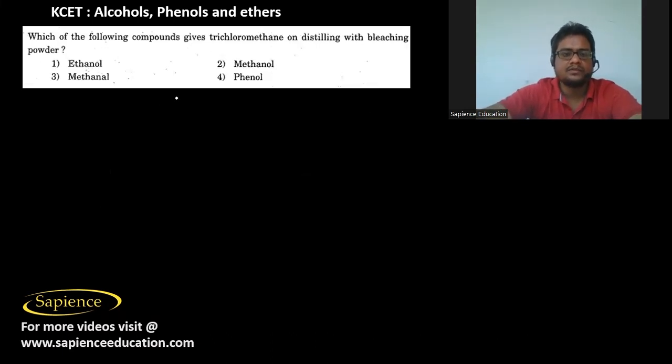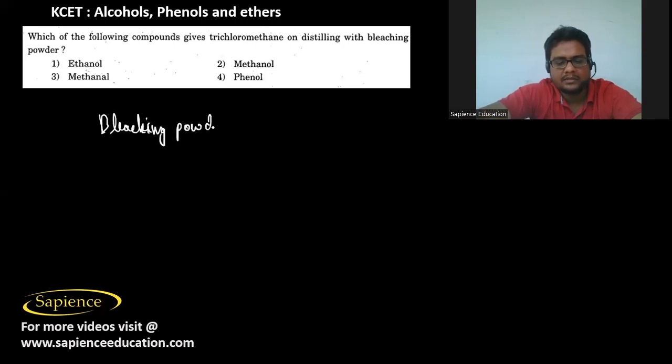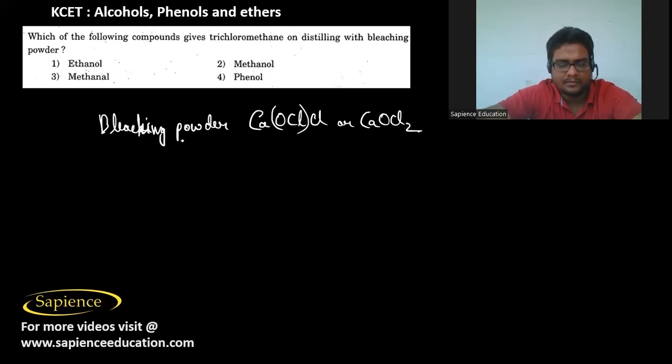Then here it is told which of the following compounds gives trichloromethane on distilling with bleaching powder. Now bleaching powder means it is calcium chloroxychloride, CaOCl2, or I can say it is CaOCl twice. It is called bleaching powder.